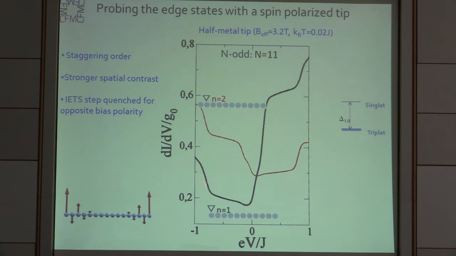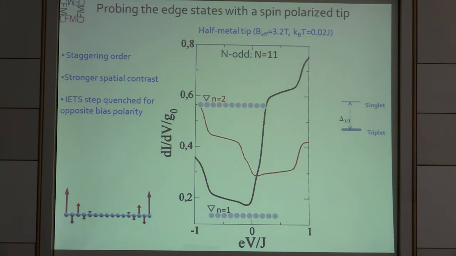So the black curve corresponds to the differential conductance when the chain is probed on the first atom, and the red one corresponds to the chain probed on the second atom of the chain. And the most fascinating result is the change in sign of the asymmetry between the neighboring atoms of the chain.